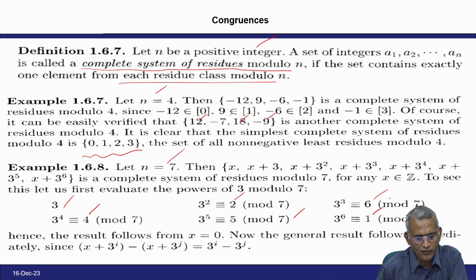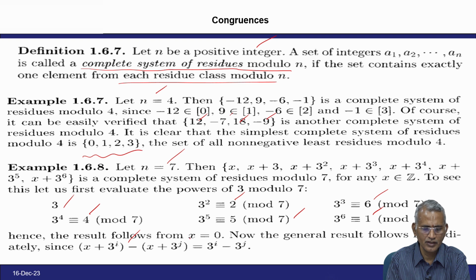Therefore the result follows for x equal to 0, and in general the result follows immediately since we consider x plus 3^i minus x plus 3^j, so that we have 3^i minus 3^j. This way we can express in terms of an unknown variable, and then bring the help of congruence to the unknown variable.